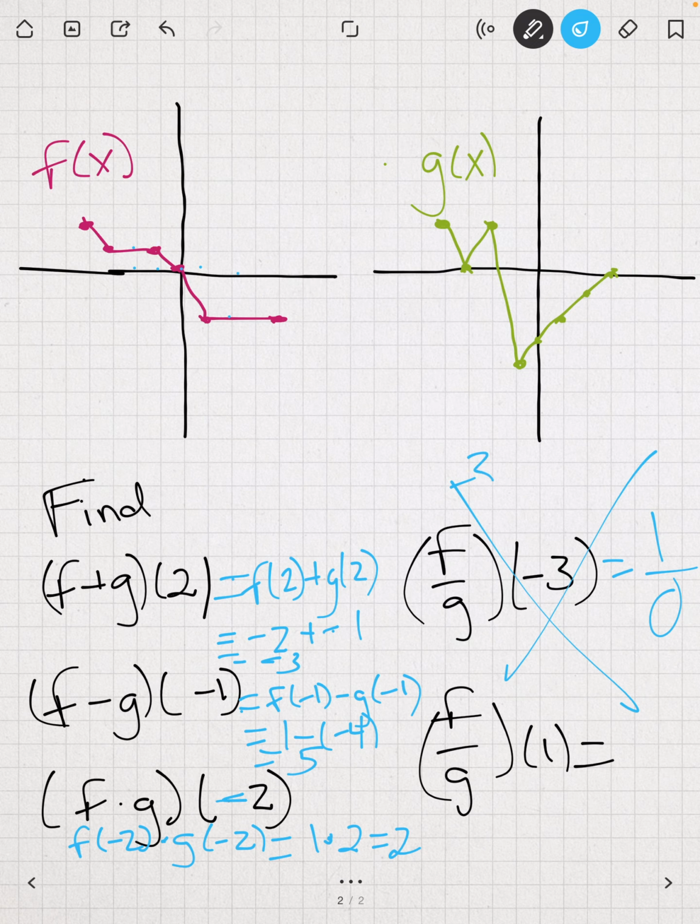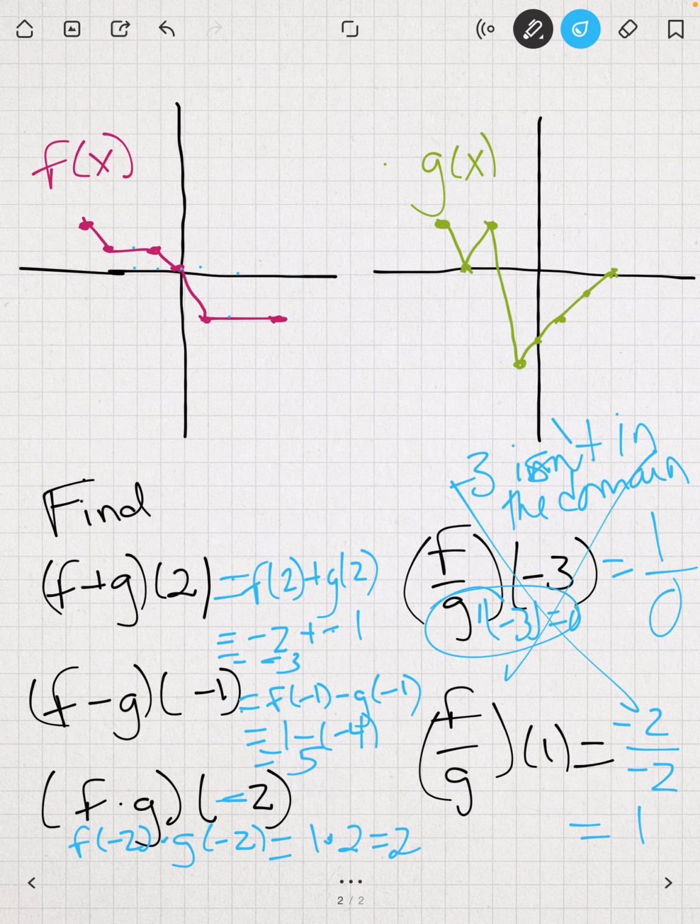Skip it. Negative 3 isn't in the domain. Remember, we exclude whenever g of x equals 0, because g of negative 3 is 0. And now f over g at 1 is negative 2 over g at 1, which is also negative 2.